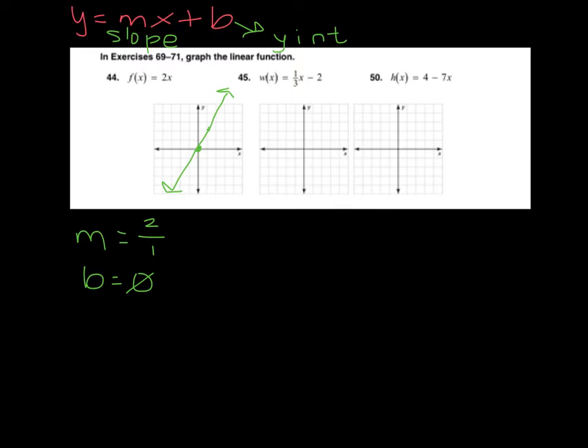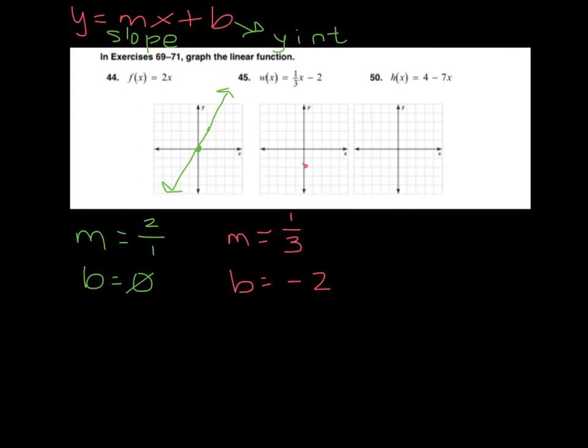Okay, let's go ahead and look at number 45. The first thing I'm going to do is identify my slope, which is m, and my y-intercept, which is b. In this equation, I see that there is a minus 2. So the negative 2 is where my graph is going to start. That's my y-intercept. So I'm going to place a point on negative 2 on the y-axis. My slope in this case is 1/3.